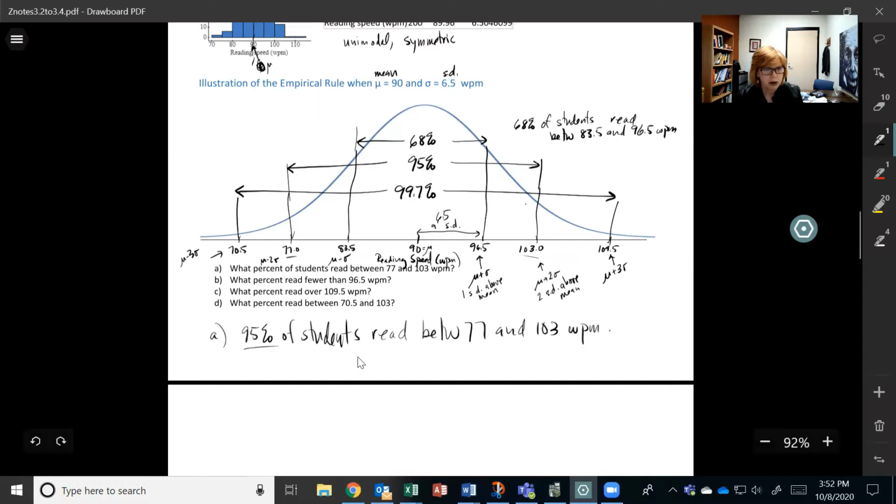All right, the next one says, what percent read fewer than 96.5? So here's 96.5, and we want to know what proportion reads fewer than that. Well, that's going to include this whole section, which is 68%, and everything to the left of the 68% section. So it's this one and this one.